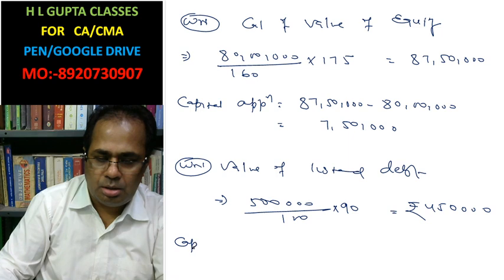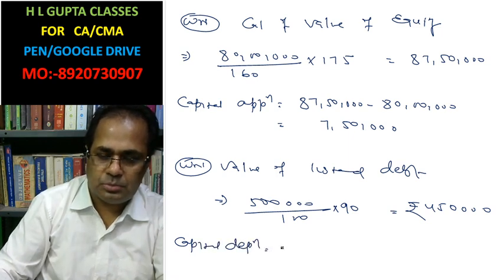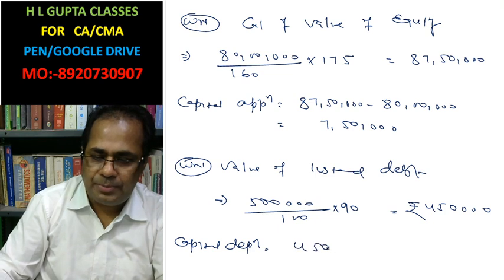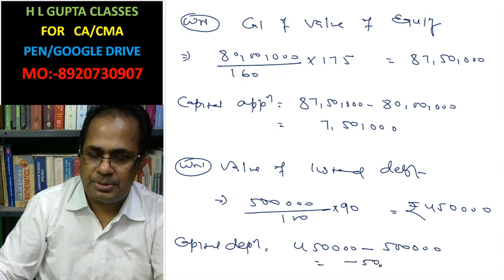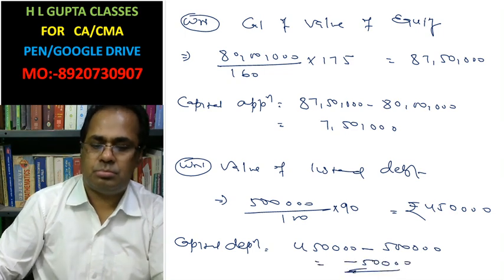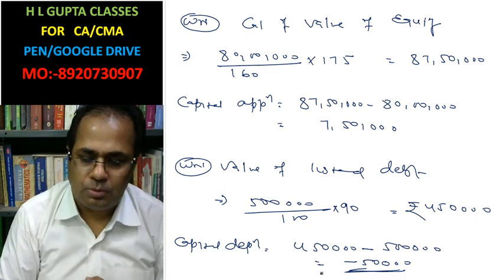Capital depreciation: 5 lakh value becomes 4 lakh 50,000, this is minus 50,000. Okay, now we can calculate the net assets value.